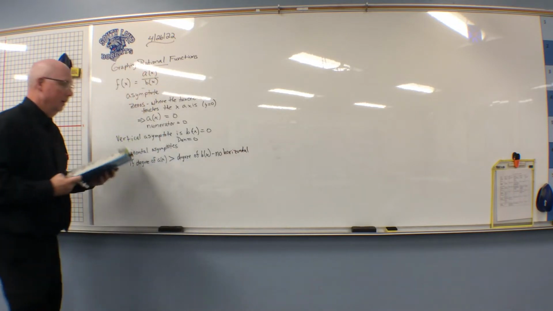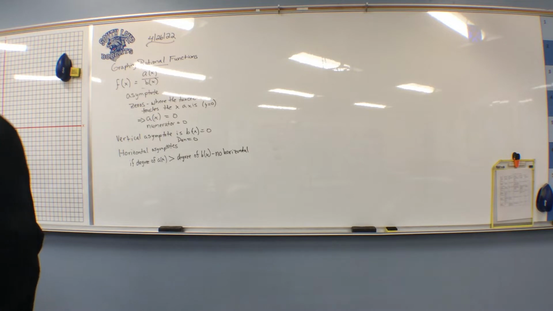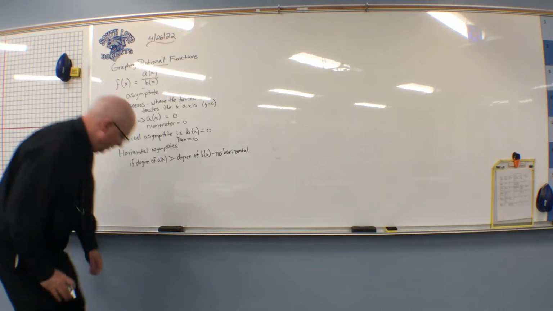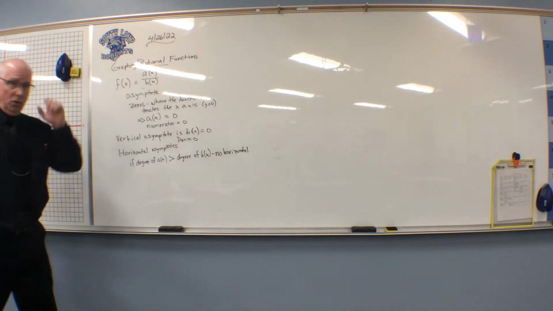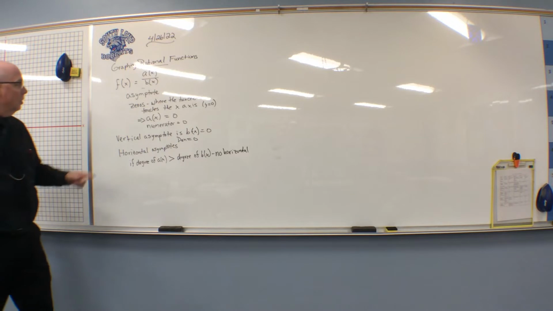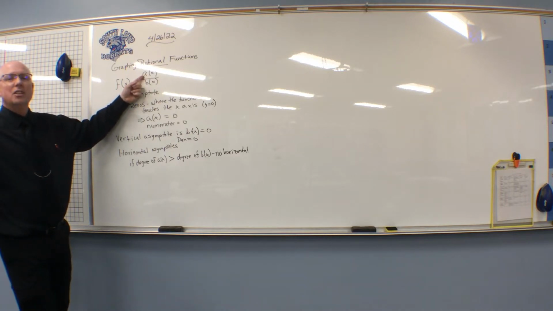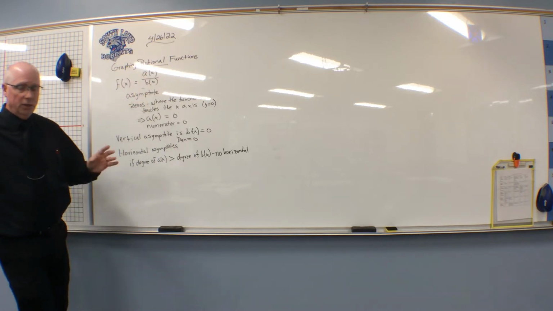Now, I'm going to tell you something. There's a possibility of a slant asymptote, which I'm going to get to in a little bit, but there's no horizontal. So, let's say if this has an x cubed term, and this has an x term as the highest degree, there's no horizontal asymptote. So you got to look at the degree.